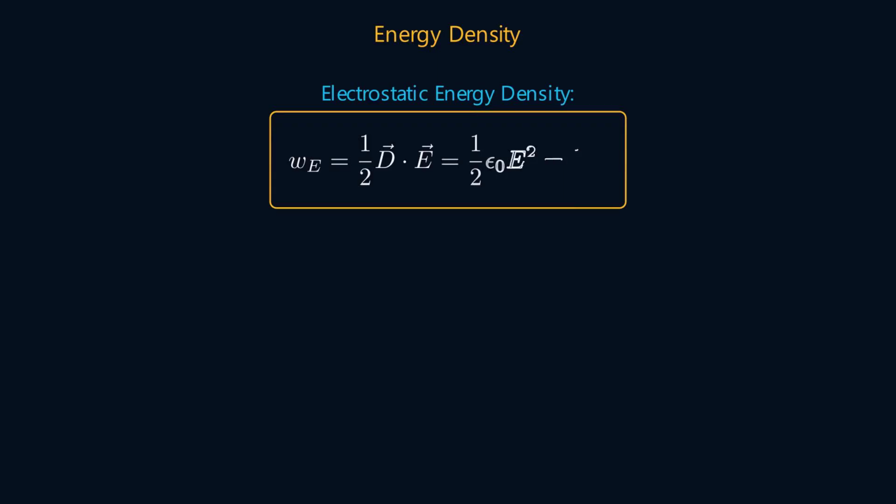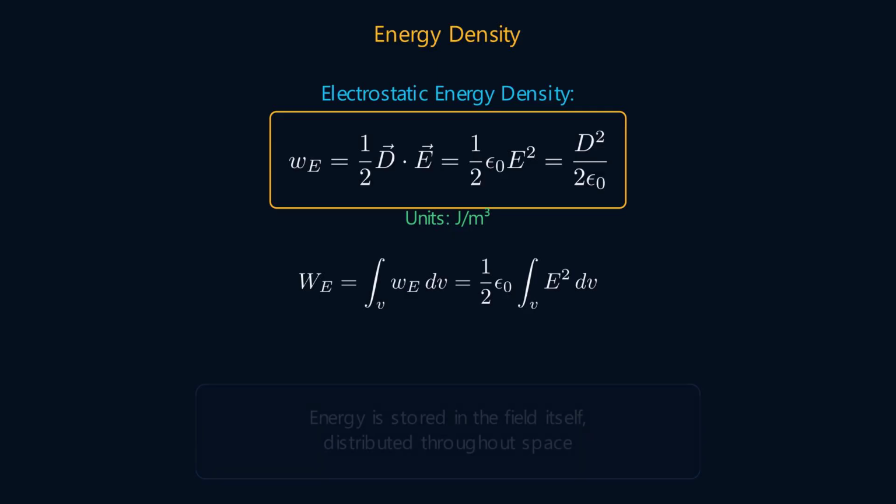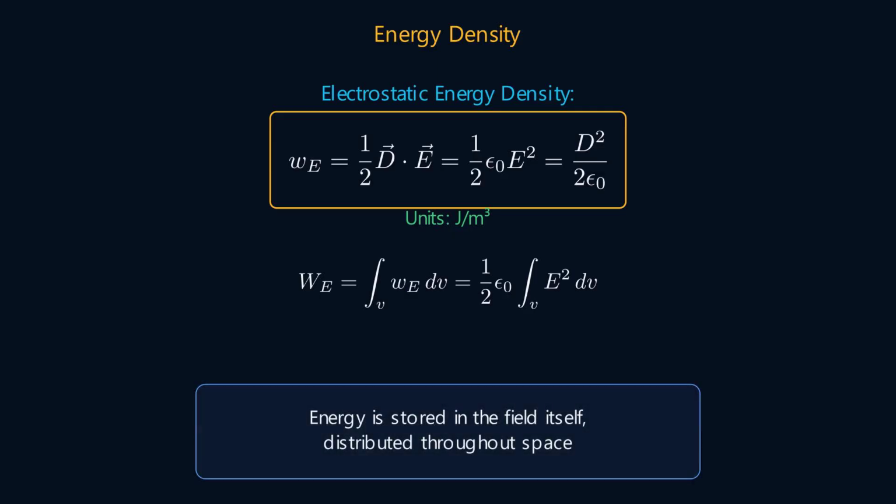Since D equals epsilon 0 times E, this becomes W_E equals 1/2 epsilon 0 integral of E squared dv'. We define the electrostatic energy density, w_E equals 1/2 D dot E, which equals 1/2 epsilon 0 E squared, which also equals D squared divided by 2 epsilon 0.